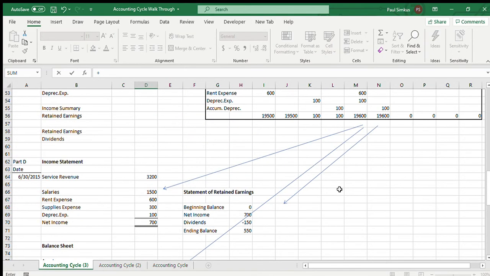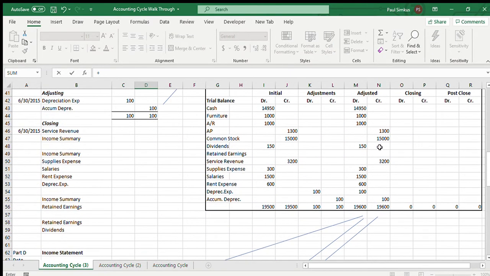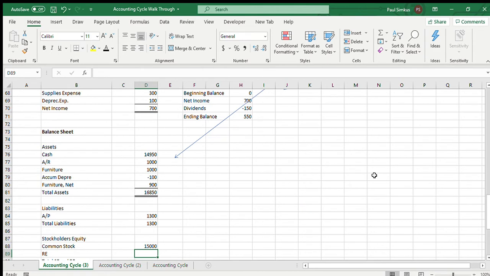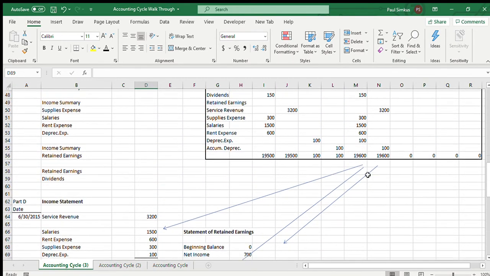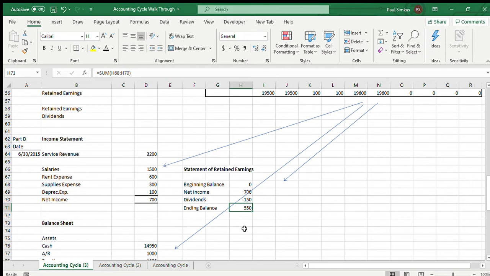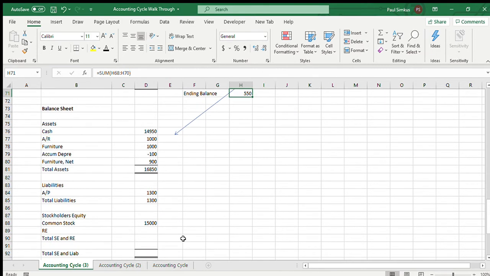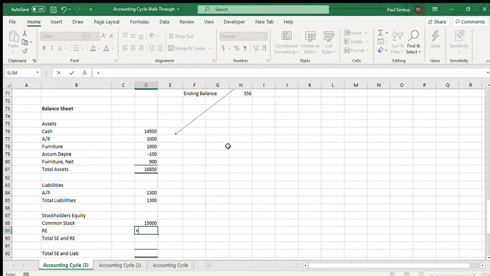Equity, the common stock, pulling that. And again, you would check these off as you did them, so you wouldn't miss anything. But something as simple as this, we could pretty readily see it. And now we have a balance in retained earnings from our retained earnings statement of 550.